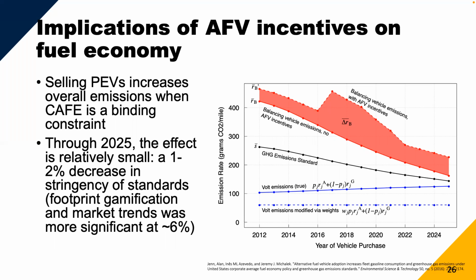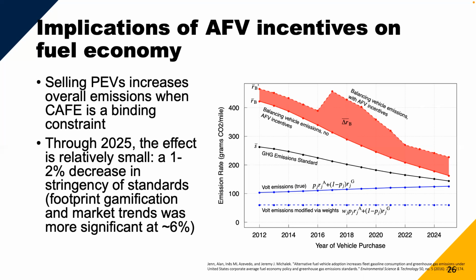But because of the CAFE standards, that means they're now allowed to sell a dirty vehicle. So every time I sell a clean vehicle, I'm allowed to sell a dirty vehicle, right? And I'm incentivized to do that because the big vehicles are where I make my profit. So to an extent, every clean vehicle is essentially balanced out by a dirty vehicle, until you meet your target.